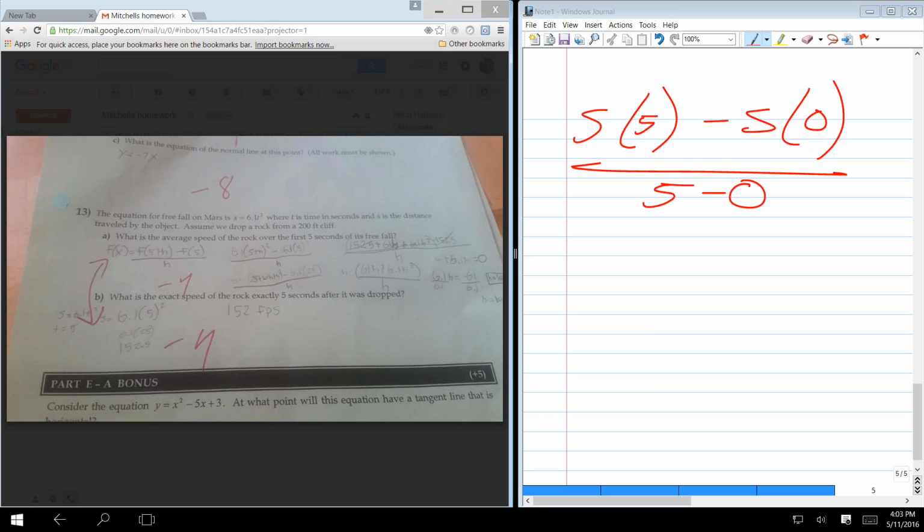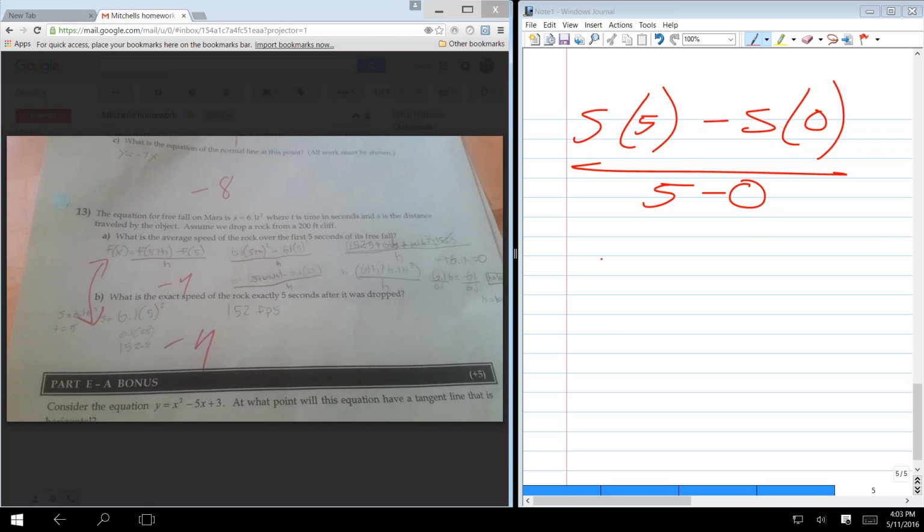That's all it is. Okay, and the rise is s evaluated at 5 seconds minus s evaluated at 0 seconds. That's what the rise is. And the run is 5 minus 0.